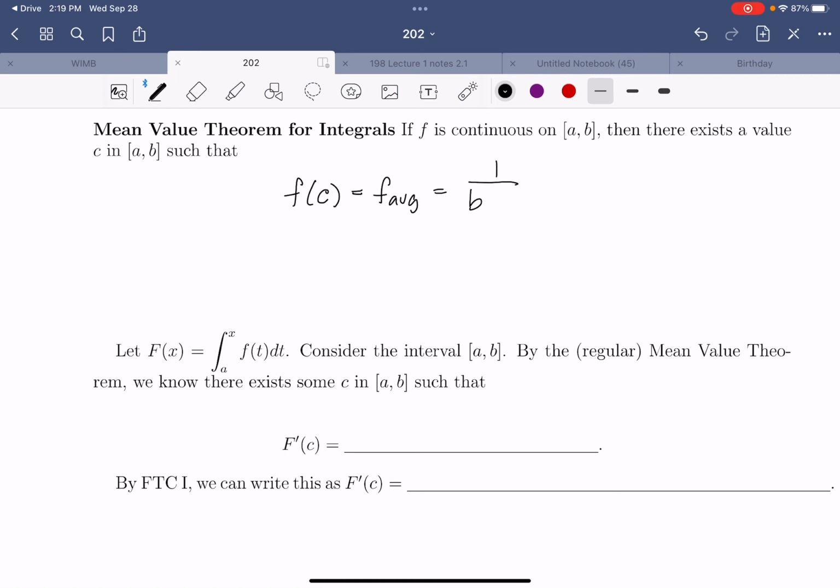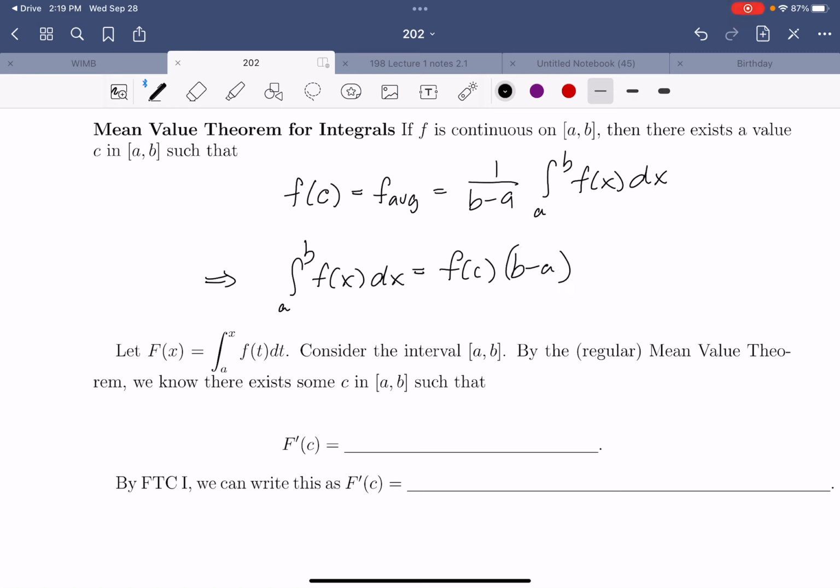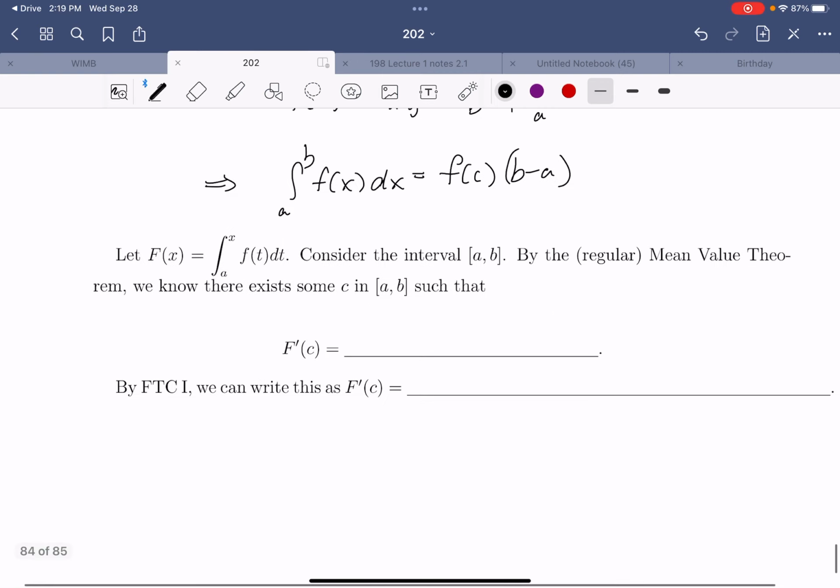That's 1 over b minus a times the integral from a to b of f of x dx. So essentially, when you're finding the mean value, you can use the average value. If I multiply both sides by b minus a, that tells me that the integral from a to b of f of x dx is equal to some value f of c times b minus a.